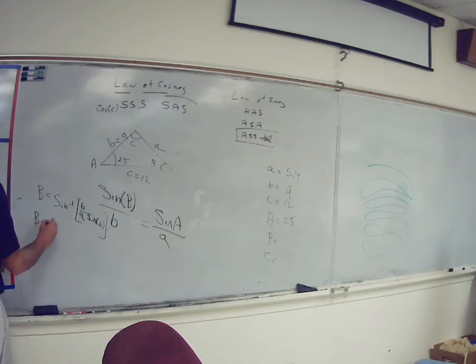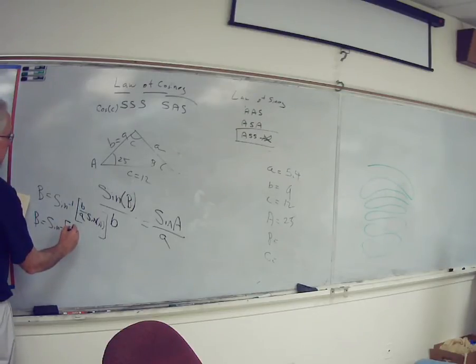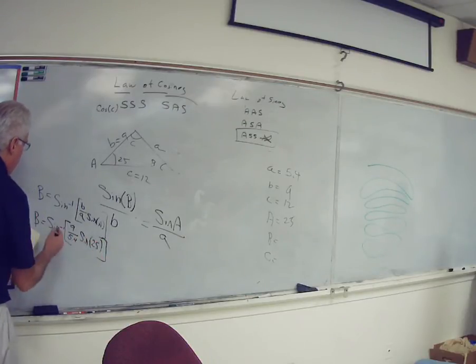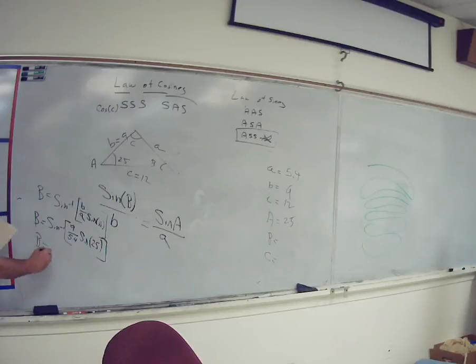Now big B is equal to sine inverse of what's little b? It is 9 over 5.4 times sine of 25. And then what does that come out to?